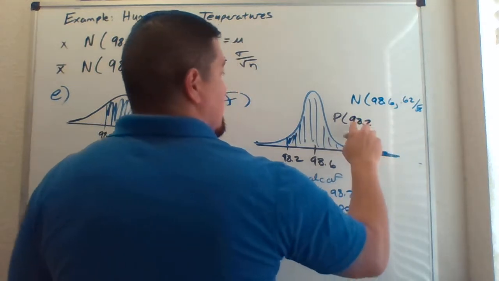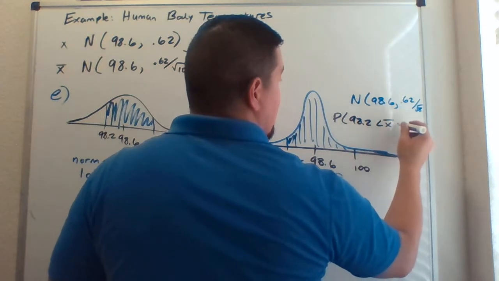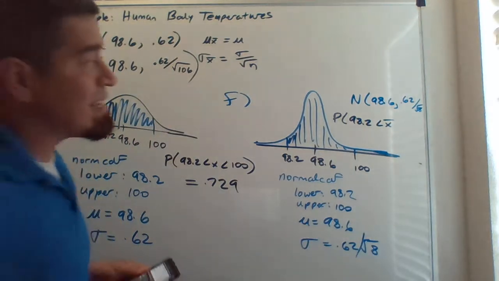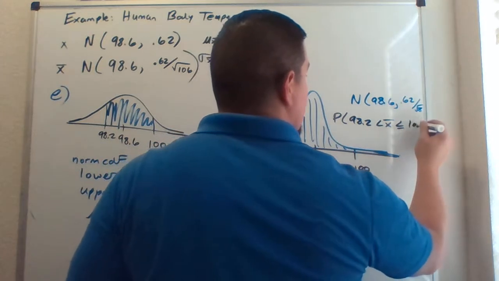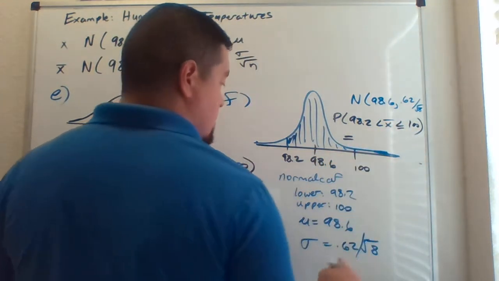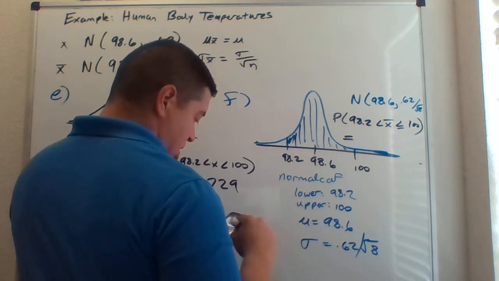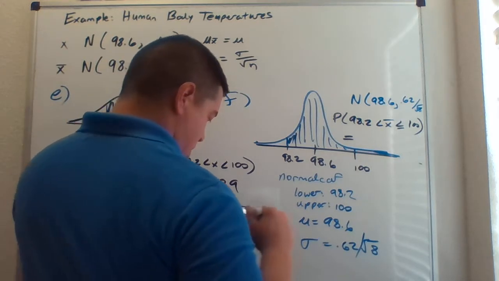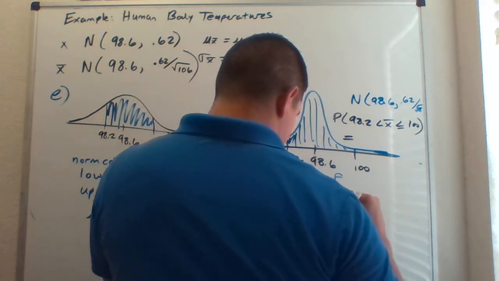The probability that a random sample of, how many individuals was it on this problem? 8 individuals is between 98.2 and 100, written this way, equals, after putting in a normal CDF, I get 0.9659, rounded to 0.966.